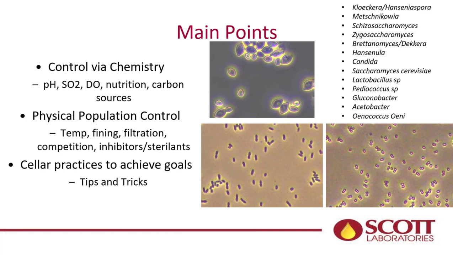We'll also talk about physical population control via temperature control, fining agents, filtration, using other microorganisms to control the populations that we don't want to be active, and then also inhibitors and sterilants. Lastly, we'll talk cellar practices to achieve goals and tips and tricks to achieve those.